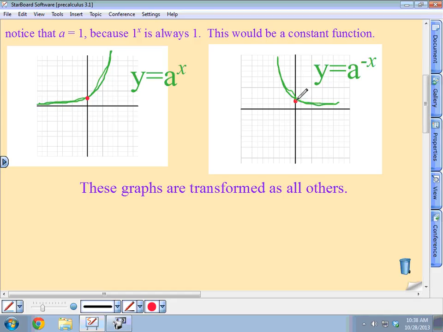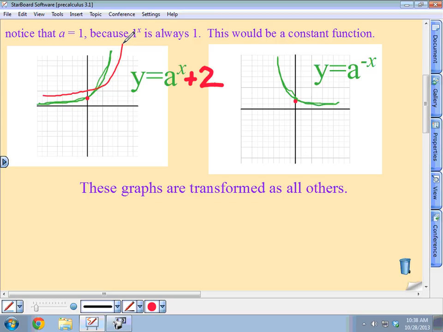So these graphs will transform just like all the others. For example, if I had y equals a to the x plus 2, well, this would just be the same graph, up a couple. Just shift it up.